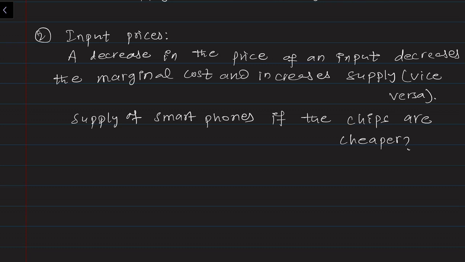Because the price of what is going to be used to produce the final output is lower, so the supply of final output will increase. So in this case, the supply curve will shift to the right. Another example is what will happen to the supply of electric cars if batteries are more expensive. If batteries are more expensive, there will be a decrease in supply, right?